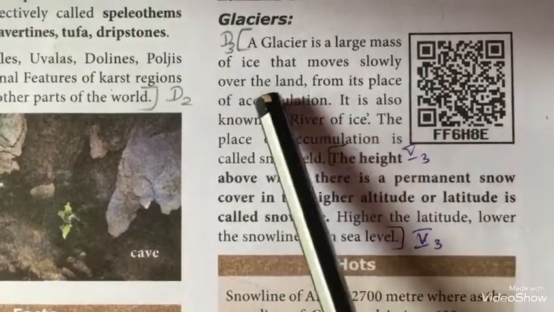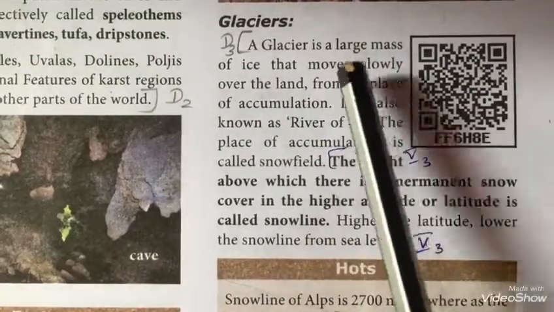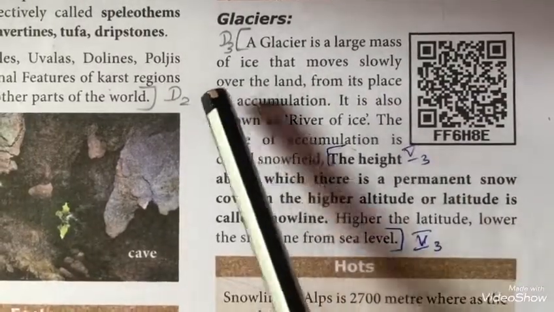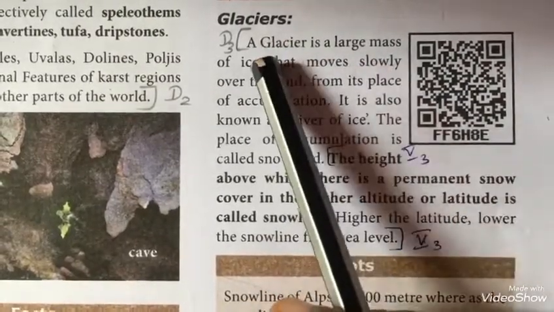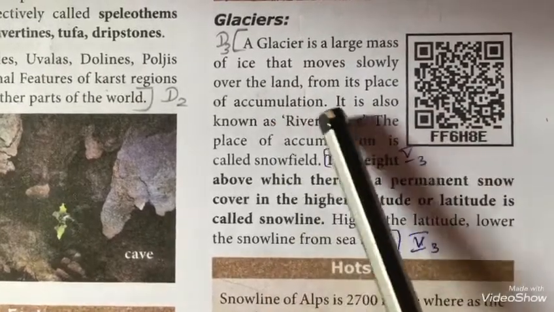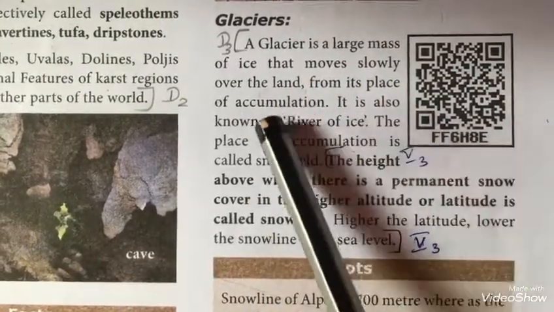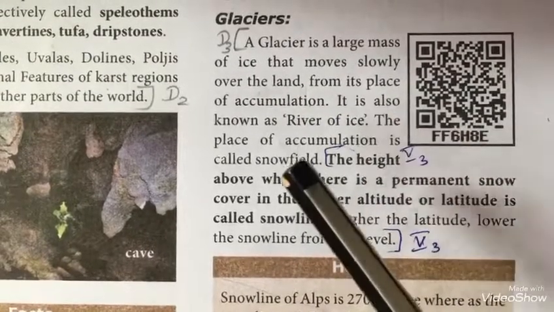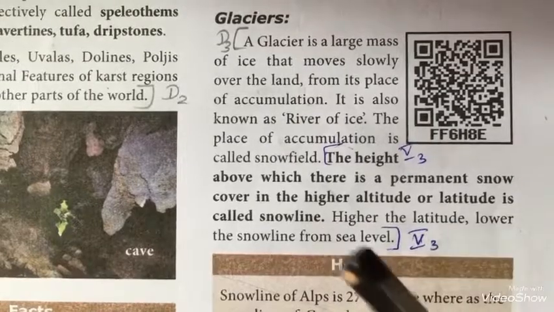So what is a glacier? A glacier is a large mass of ice. The glacier moves slowly from the place of accumulation. What is accumulation? When a large mass of something is gathered together in a place, that is known as accumulation.